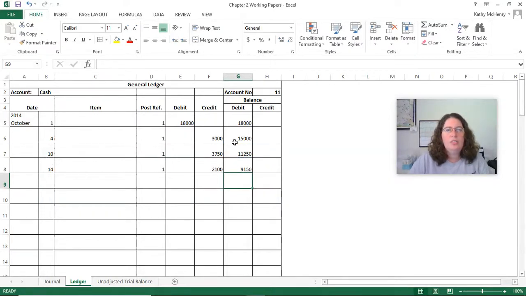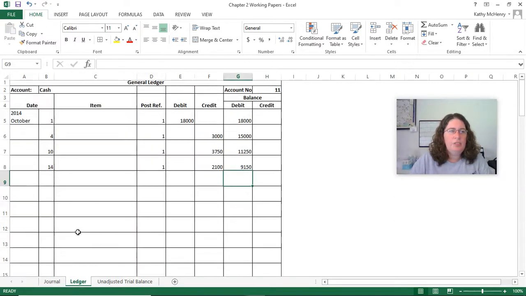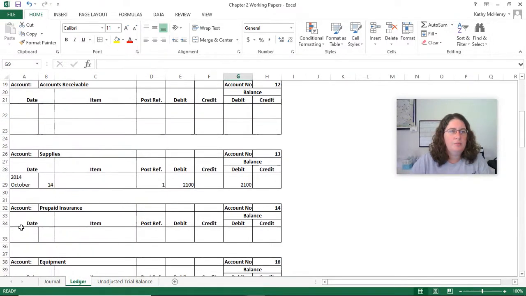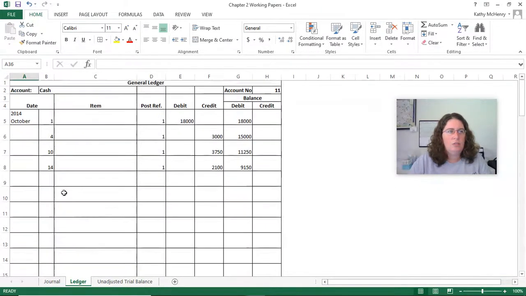Okay. So you can see as we do this, we're keeping a running total in this balance column. On the 15th, prepaid insurance had a debit of 3,600. And a credit to cash of 3,600.